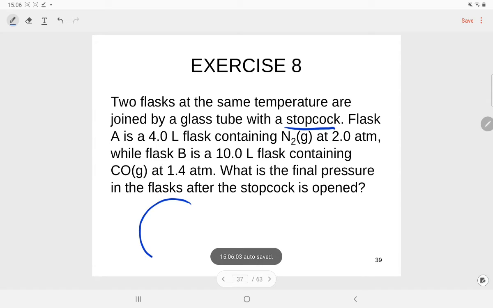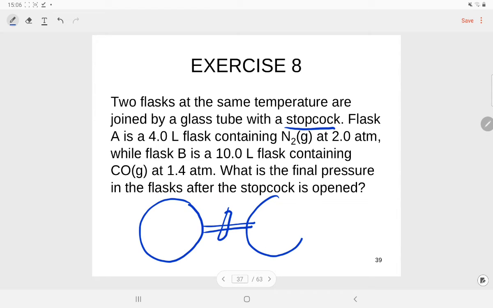Okay, so this is the first flask, joined by a glass tube. So this is the tube, and this is the stopcock, and this is another glass. So flask A and flask B. Flask A is V equals 4 liters, containing nitrogen at 2.0 atm.